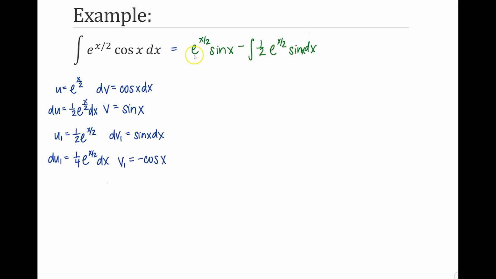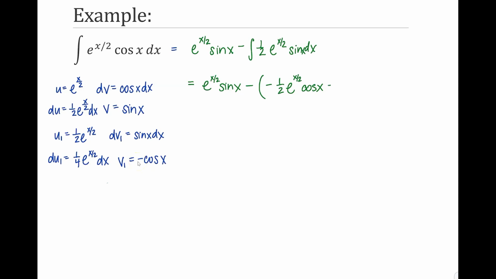All right, so let's see what happens. We're going to bring down our e to the x over 2 sine x. And then we have minus, and here's where we have to be careful. This negative is going to have to distribute. So we're going to go ahead and apply parts again, where I have u1 times v1. So we're going to have negative 1/2 e to the x over 2 times cosine x. So I'm multiplying here diagonally.